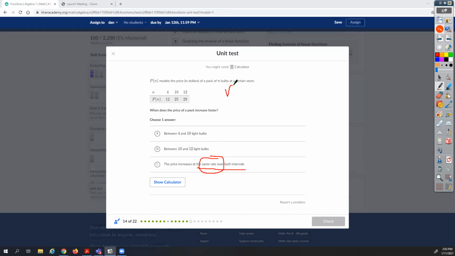It's called rate of change. When you think about the rate of change, what are you thinking about? You're thinking about the slope, correct?